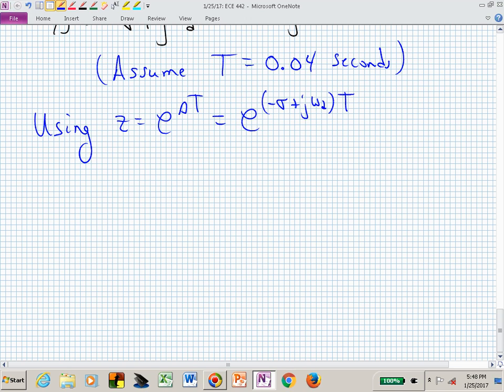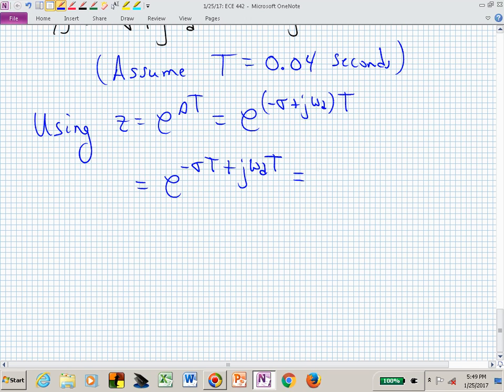Let's distribute that capital T, the sample period, among the real and imaginary parts of that complex number S. With two parts to the exponent, we can now create two different multiplied together quantities.